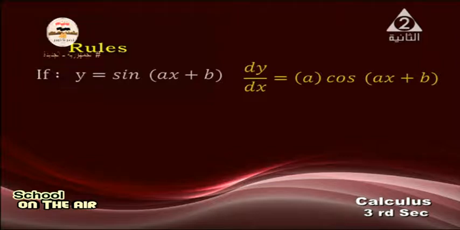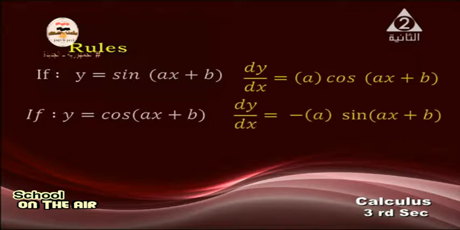Then the derivative of sine (ax plus b) equals a multiplied by cosine (ax plus b). And if y equals cosine (ax plus b), then dy/dx equals negative a multiplied by sine (ax plus b).